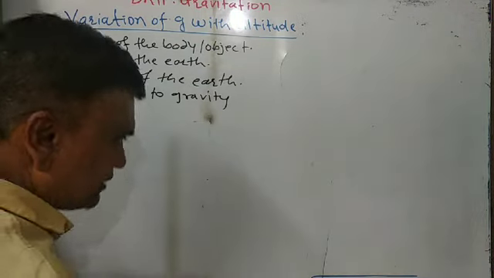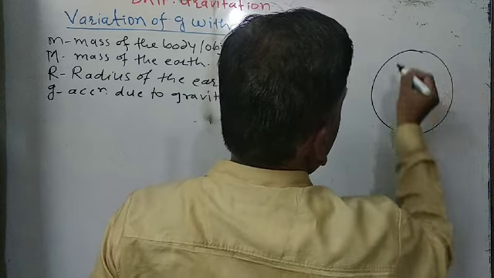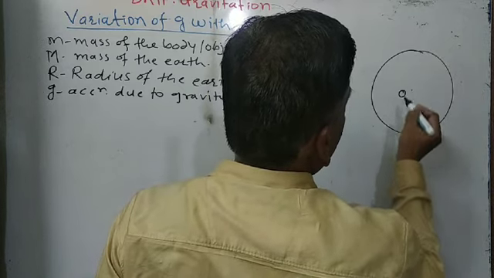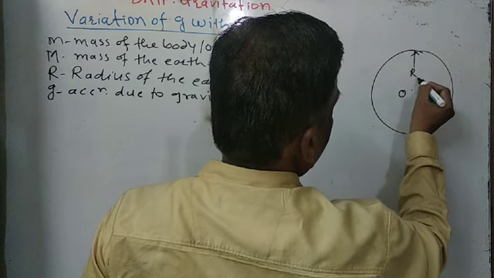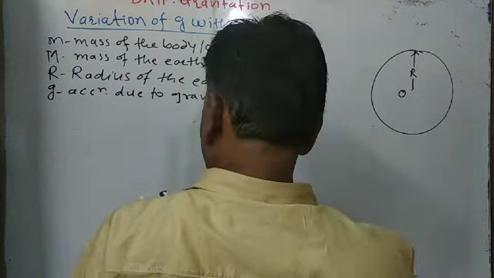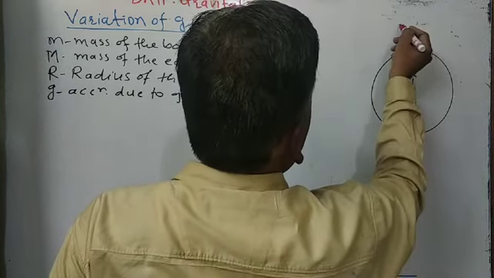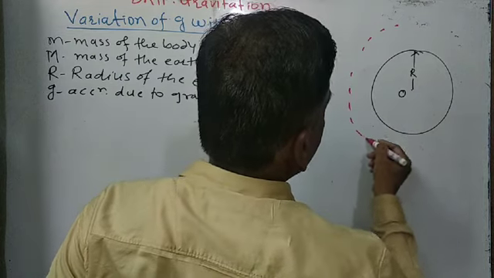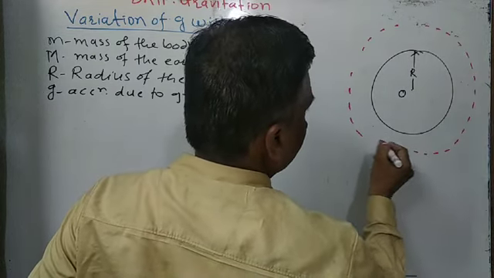Now suppose this is the earth with center O, and this is R, the radius of the earth, and we have kept an object at a height h from the earth's surface.